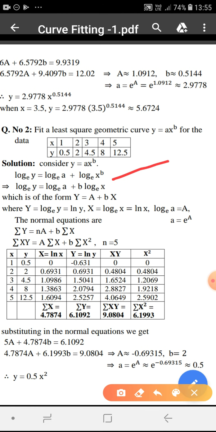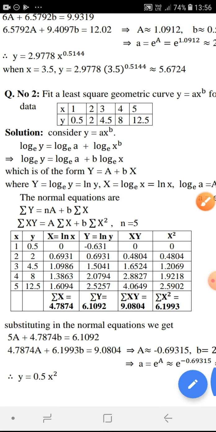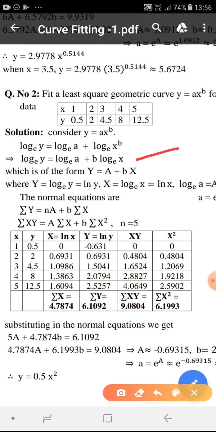We get log y to the base e equal to log a to the base e plus log of x power b to the base e, which is further equal to log y to the base e equals log a to the base e plus b into log x to the base e.